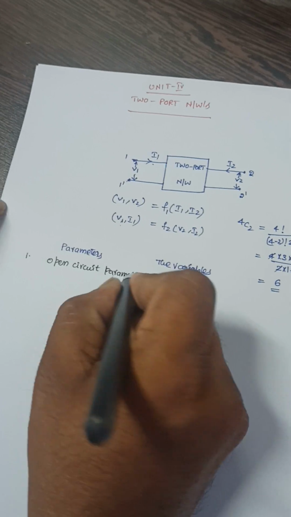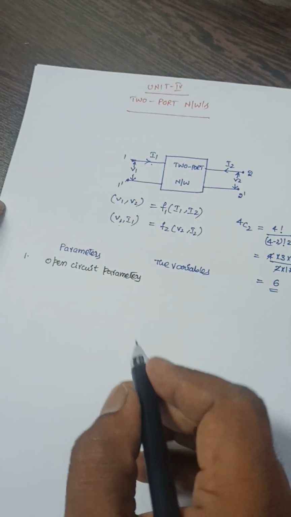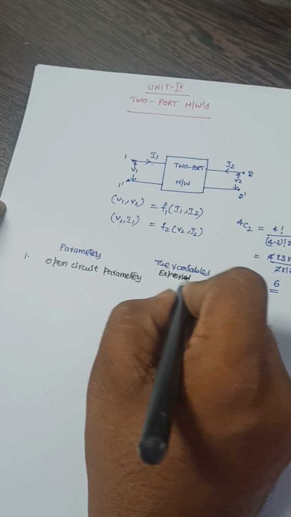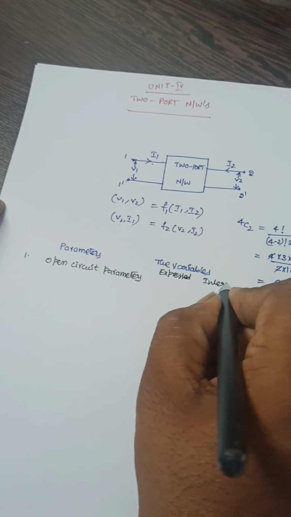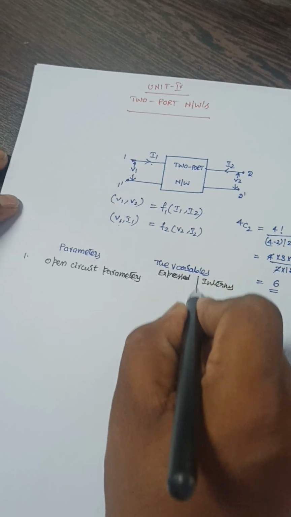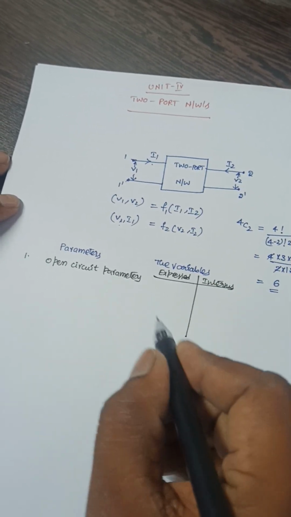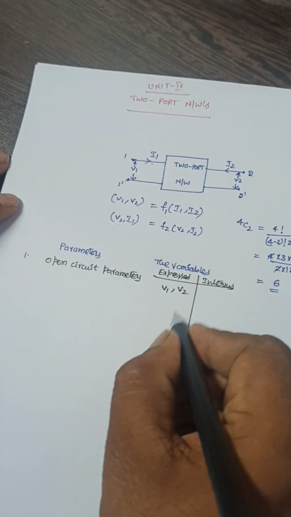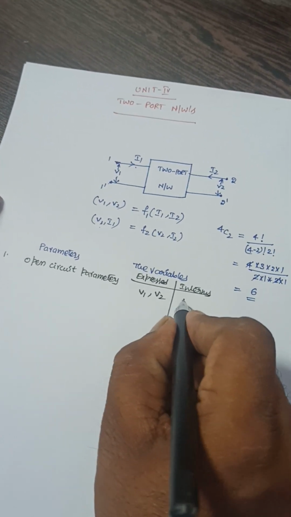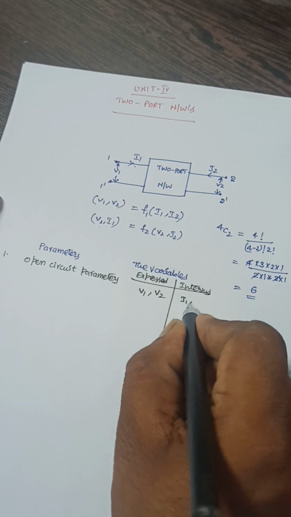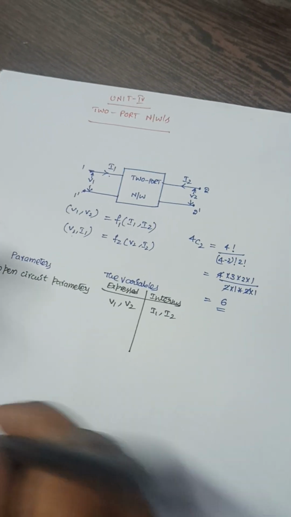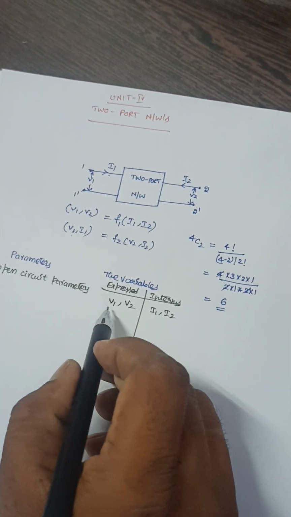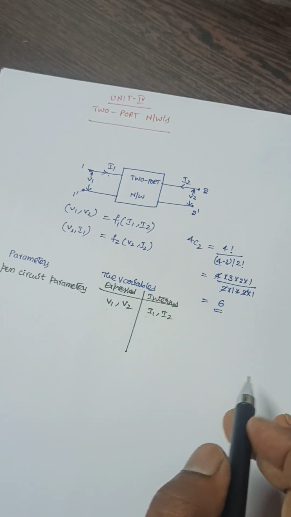So in these open circuit parameters, the variables V1 and V2 can be expressed in terms of I1 and I2, and the equations represent how to express these variables in terms of these currents.